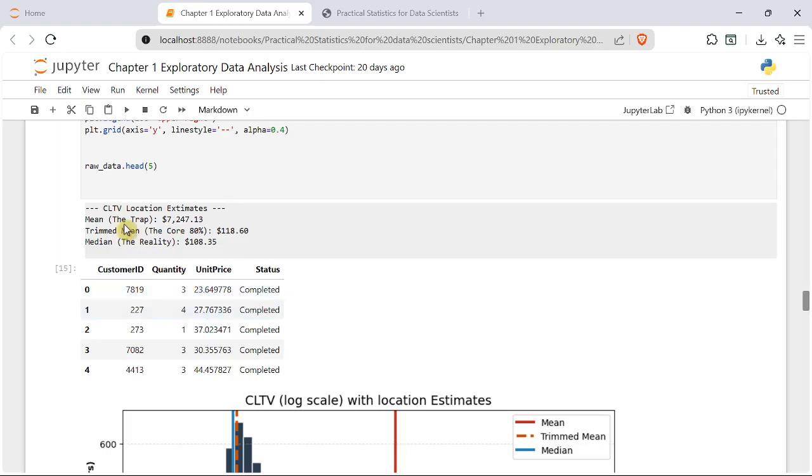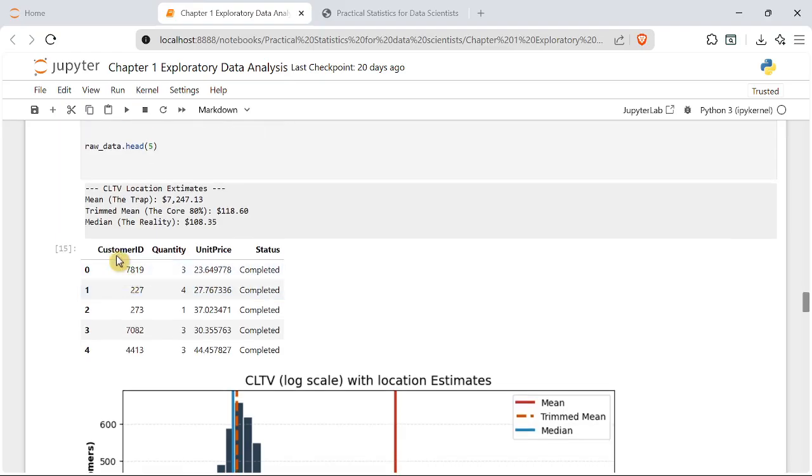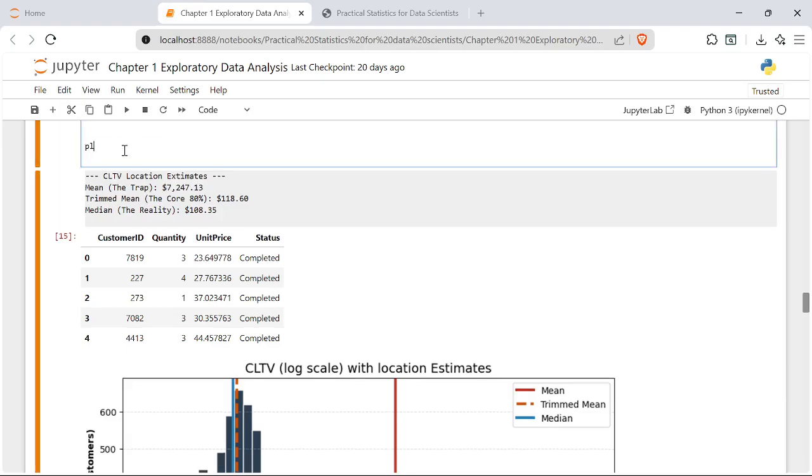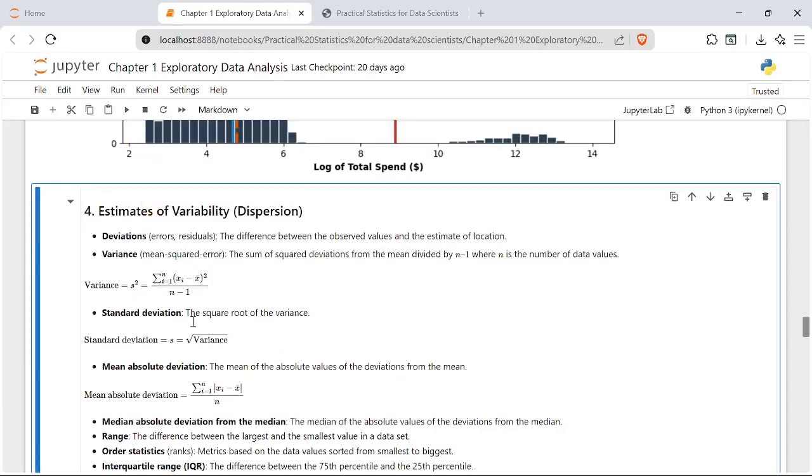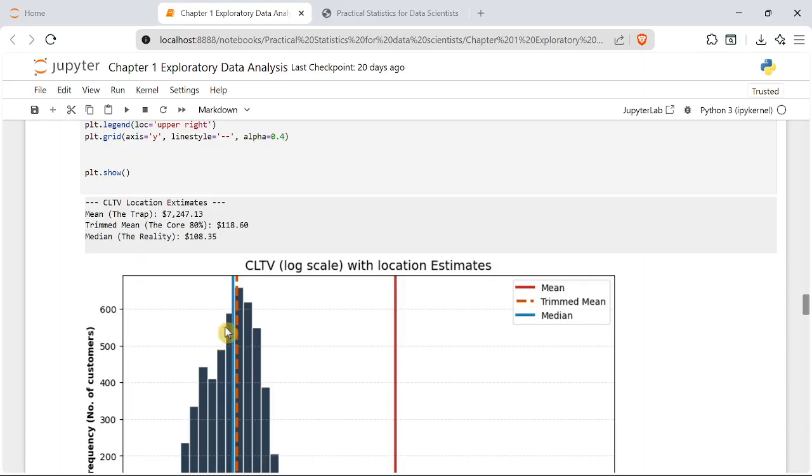Okay, so finally, here is the table which we created, which has customer ID, quantity, unit price, and status. I have viewed only the top 5 rows, so all the status are completed, but the total number of rows is 10,000. It has the status equal to cancelled also as well. So let's view our output again. So here is our beautiful output.